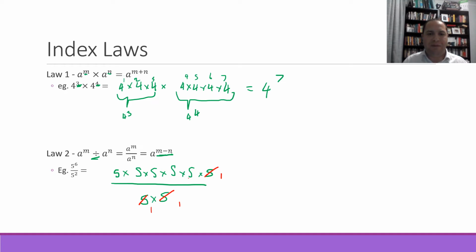The 2 5s on the bottom cancel out 2 of the 5s in the numerator. So now we have 5 to the 6, take 2. We've cancelled out 2 of those 5s. We only have 5 to the power 4 left. And those are our main 2 basic index laws.